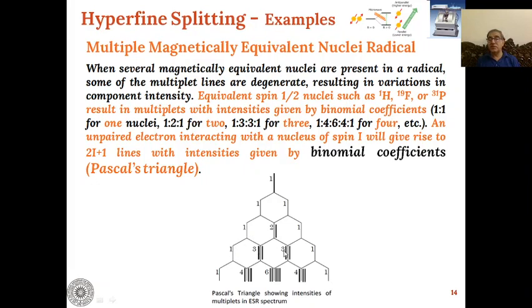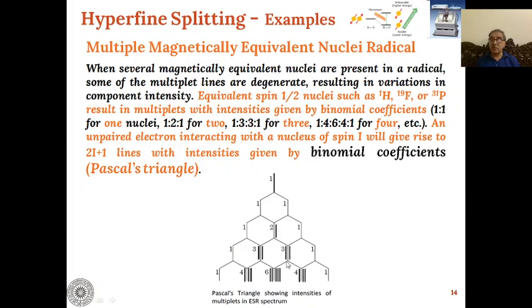So equivalent spin is there in case of proton, F19 or P31. In all these the spin is 1/2. This results in multiplets with intensity given by binomial coefficients. That is, if there is only one nucleus, then we will have 1:1 intensity.